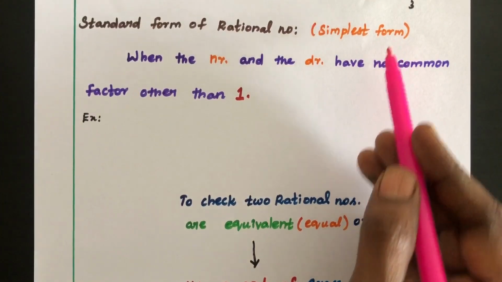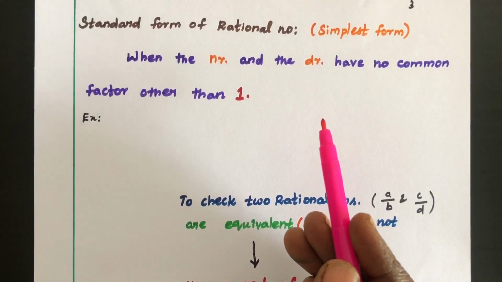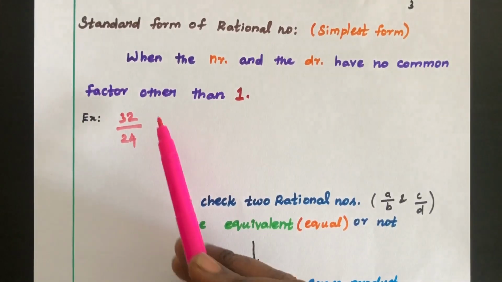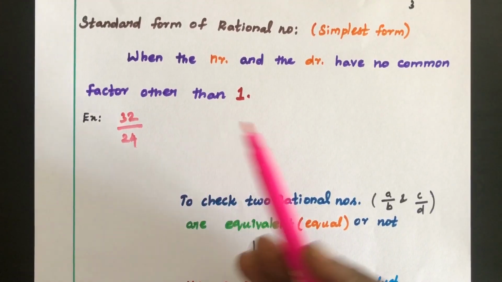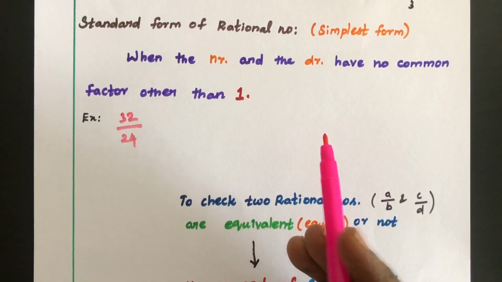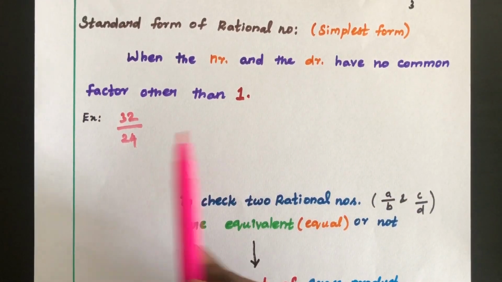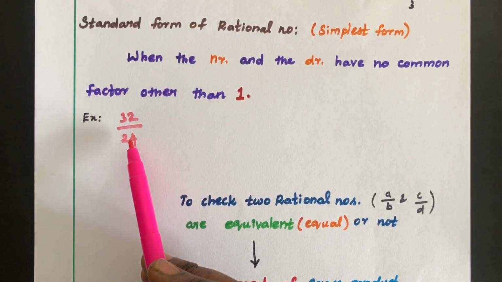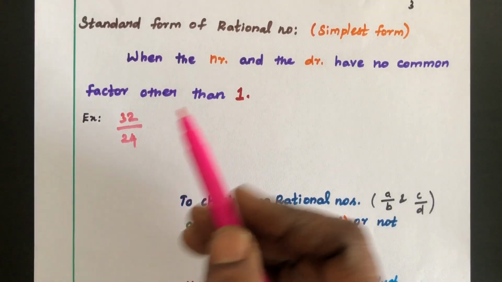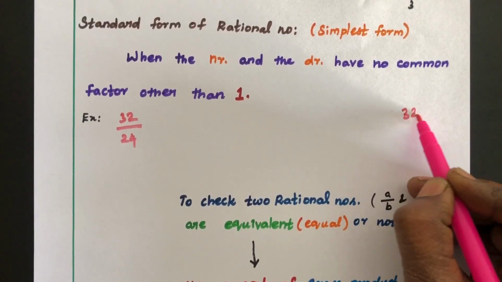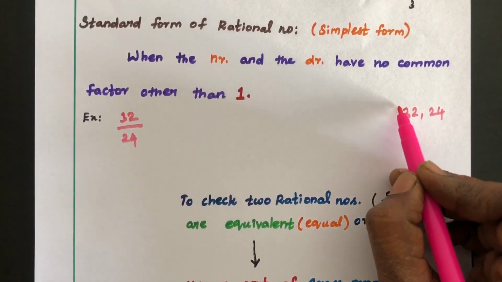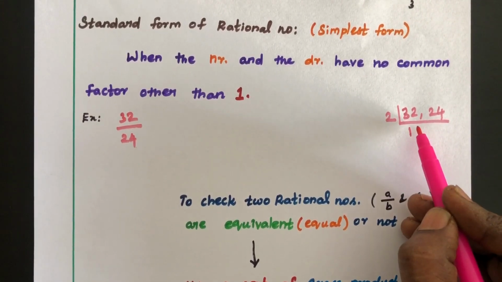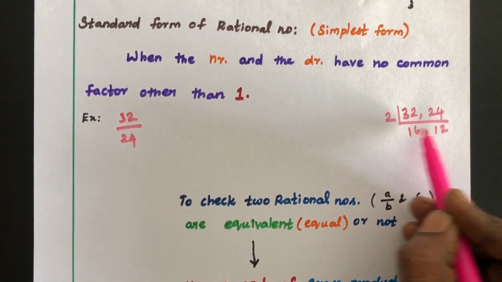Simplest form. How to find the standard form of a rational number? For example, 32 by 24 is a rational number. When the numerator and denominator have no common factor other than 1, that is called the simplest form or standard form of a rational number. Here, in 32 and 24, there are common factors, right? So how to do this? Find the HCF of 32 and 24. Divide these numbers by 2: 16 and 12.